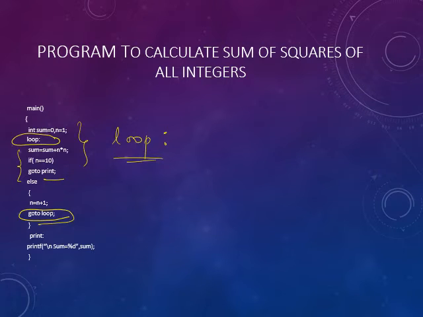When the compiler is executing the lines one by one, when it is going down, here we have goto loop, so it goes back to the line where the loop word is there, and again it executes these statements.